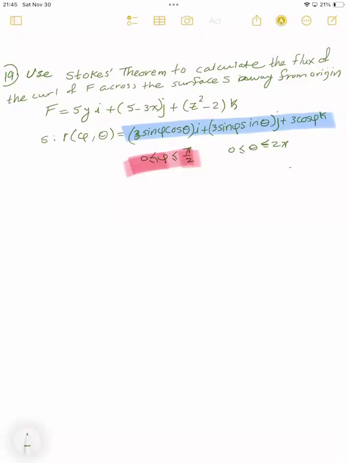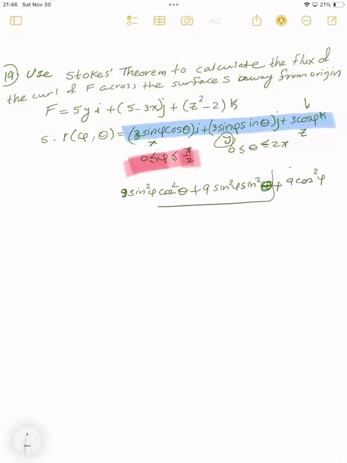So this is your x component, this is your y component, this is your z component. If you square each component, you get 3 squared is 9, sine squared of phi cosine squared of theta. If you square the y component, you get 9 sine squared of phi sine squared of theta. And if you square the last component, you get 9 cosine squared of phi.